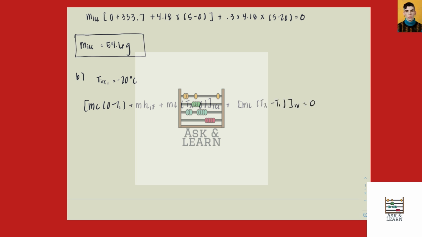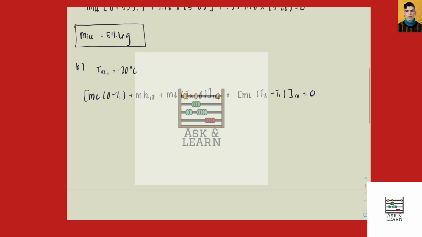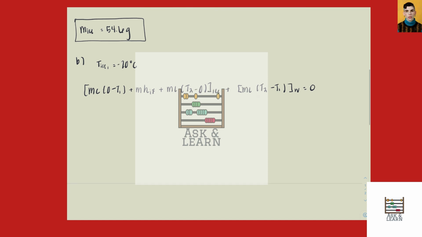And that's equal to 0 because these are set equal to 0 because of thermal equilibrium, which will be reached. So then we can just plug in all of our values again, which gives us m ice is 48.7 grams. And again, I converted that to grams from kilograms.